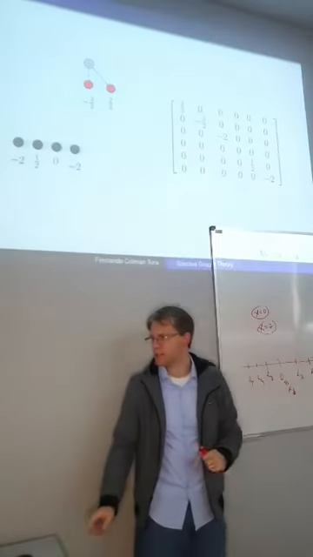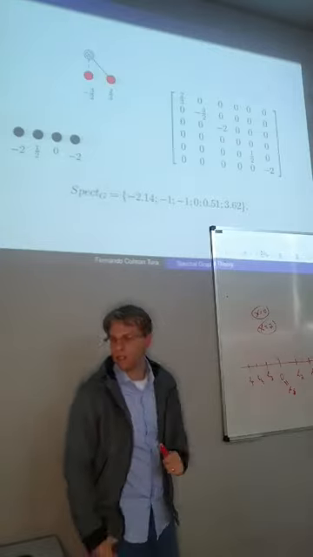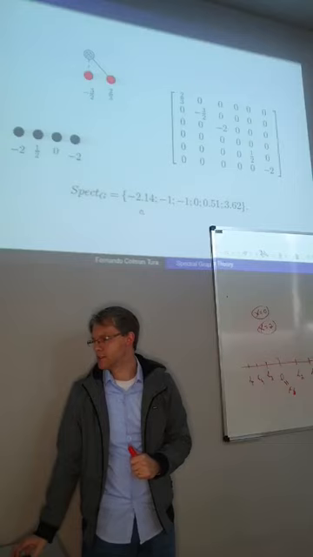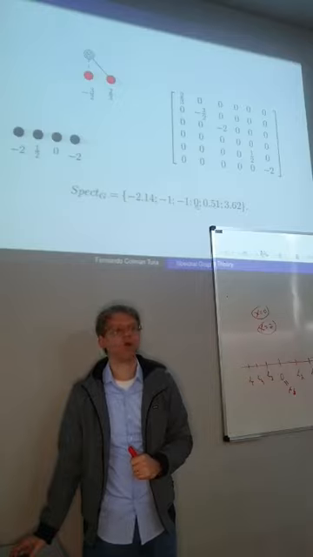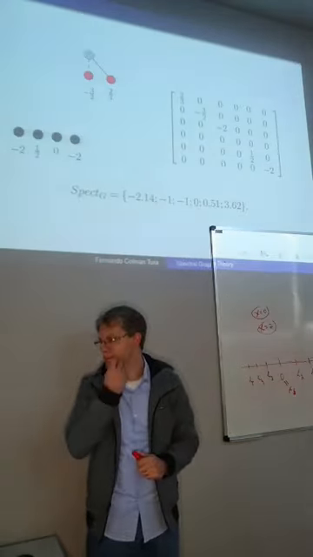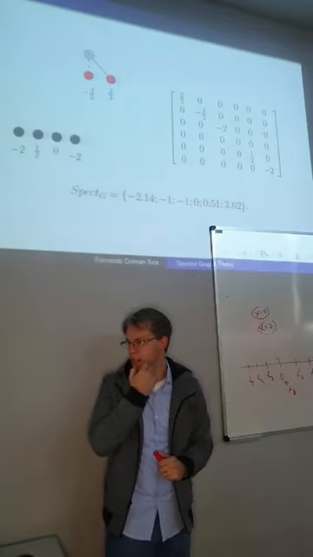In this example, the eigenvalues are exactly these 3 negative eigenvalues, these 2 positive eigenvalues, and 0 is an eigenvalue, as we showed before. This is the diagonalized algorithm.